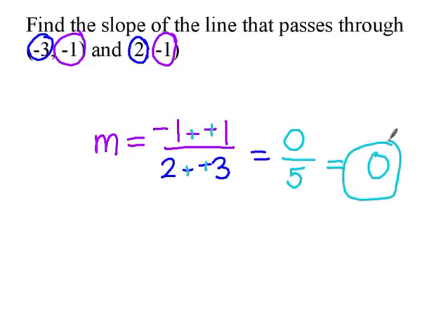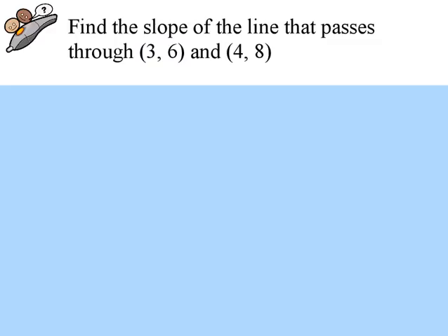Okay, pretty straightforward. Your turn. Find the slope of the line that passes through (3, 6) and (4, 8).